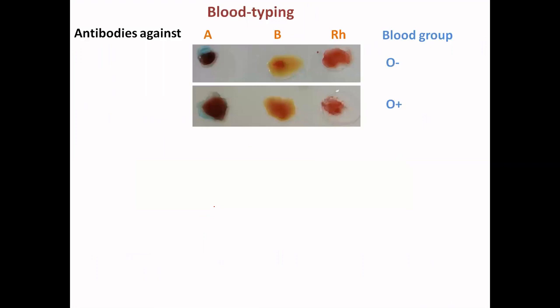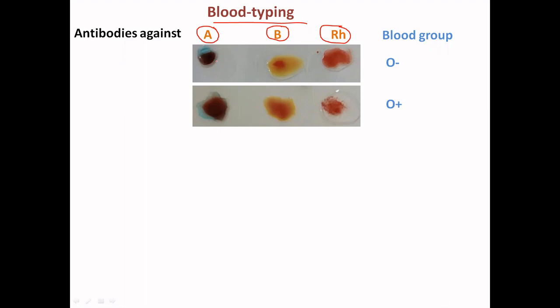Coming to the use of the hemagglutination, the agglutination reaction for blood typing. This is the antibody or antiserum against human antigen A. This one is against antigen B, and this is the Rh antigen. So we have three types of antisera, against antigens A, B, and the Rh antigen.